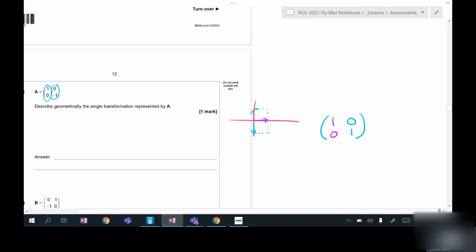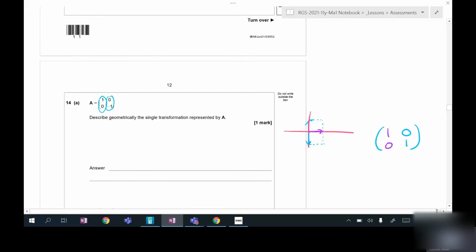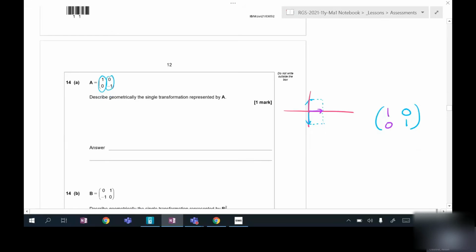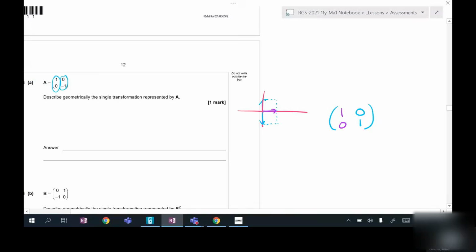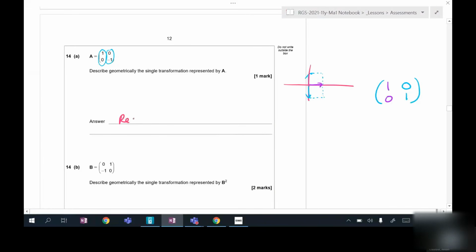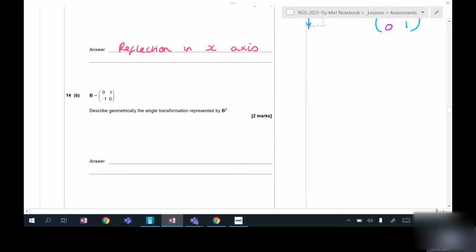So you can see from that diagram that that shape has been reflected in the x-axis. So your answer is a reflection in the x-axis.